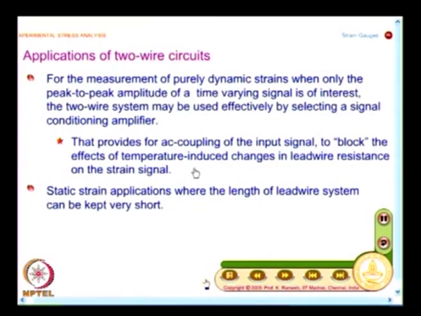And you have also done experiment in the laboratory class using the strain gauge, where you had a specimen very close to the strain meter. You must have hardly used half a meter of length of lead wire.